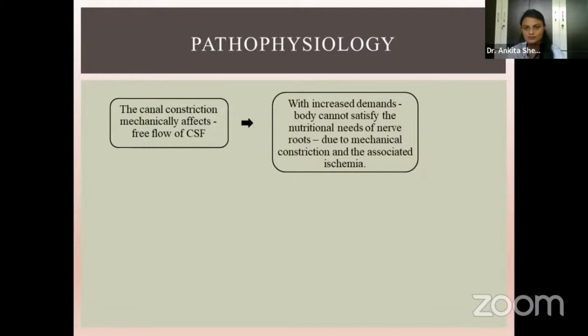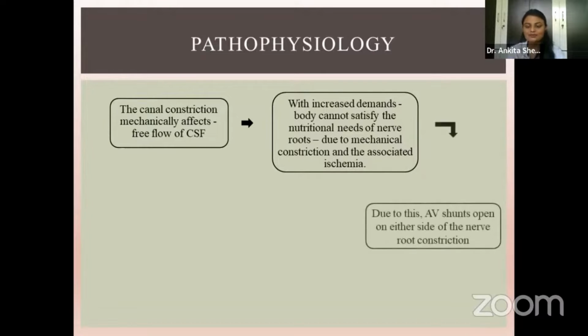Due to this mechanical constriction, arteriovenous shunts open on either side of the nerve root constriction. Because of this arteriovenous shunt opening, the normal neurophysiological function is affected.